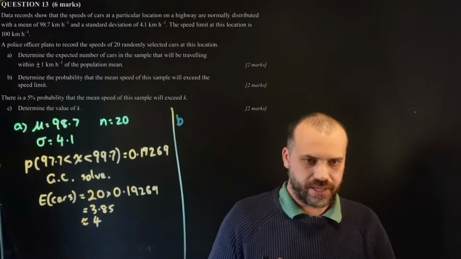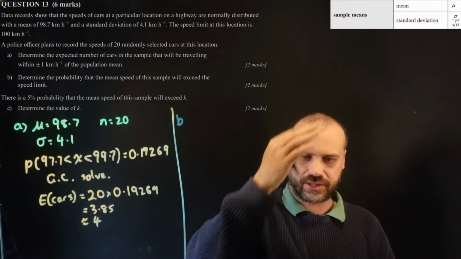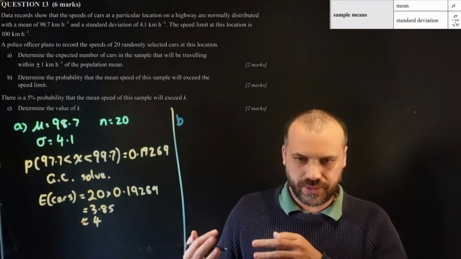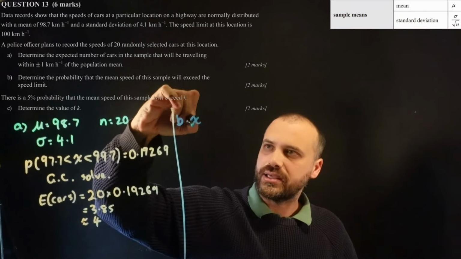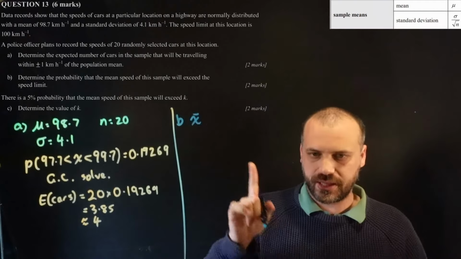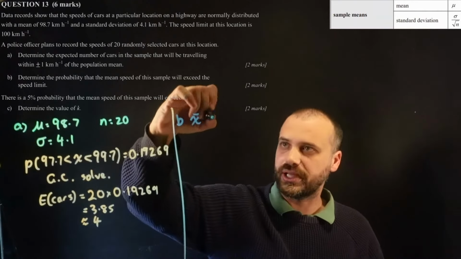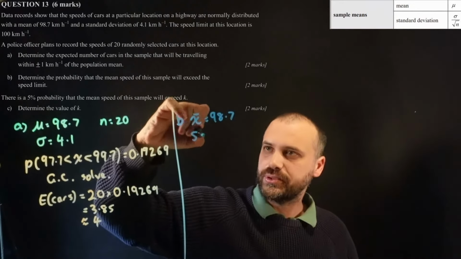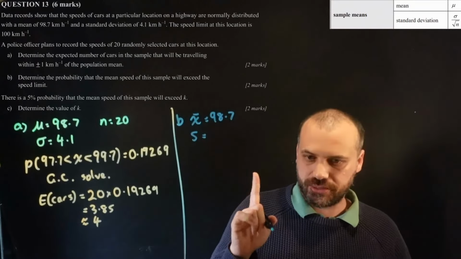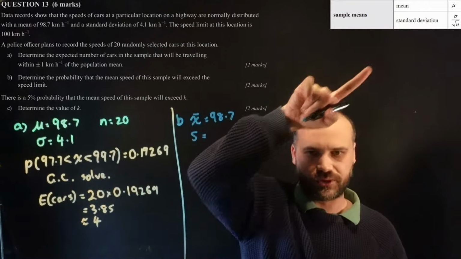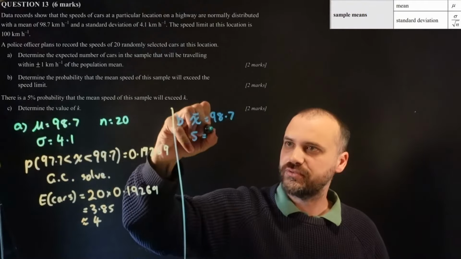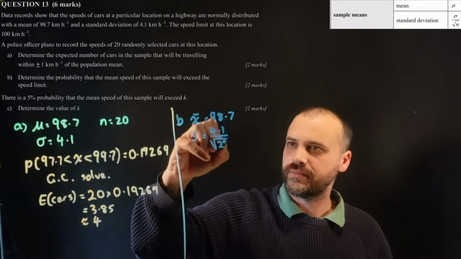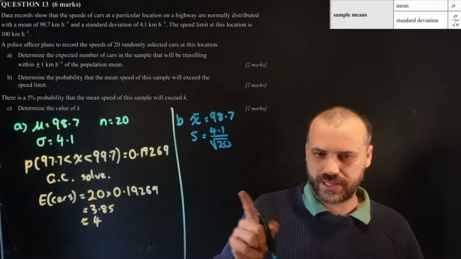So doing part B, I'm going to use my formula here because I think it's going to be useful. Now, in terms of everything that we're doing here, we've got a sample mean. Now, the sample mean is going to be equal to the population mean, 98.7. We have a sample standard deviation, which is going to be equal to, using this formula up here, the standard deviation of the population, 4.1, divided by the square root of our sample size, 20.